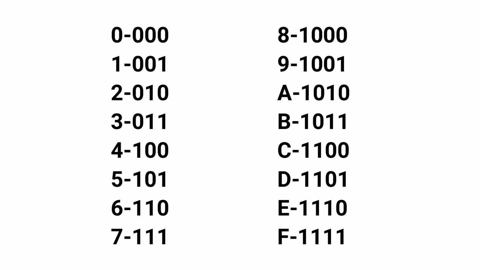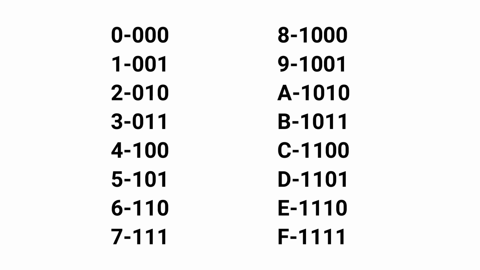Here, you can see the binary of 0 is 0, the binary of 1 is 1, the binary of 2 is 10, the binary of 3 is 11, the binary of 4 is 100, the binary of 5 is 101, the binary of 6 is 110, the binary of 7 is 111, the binary of 8 is 1000, the binary of 9 is 1001.